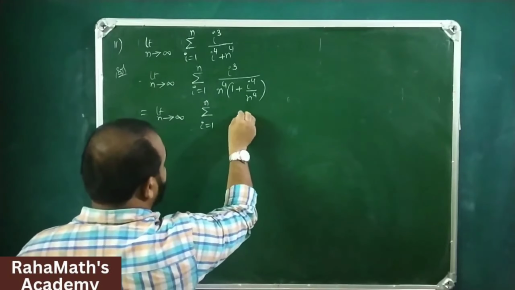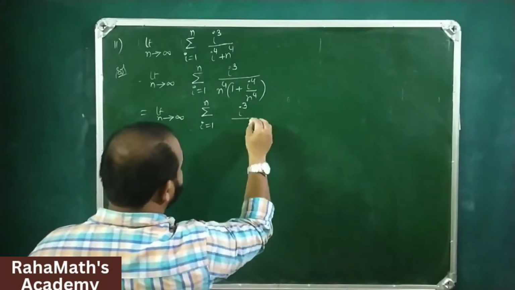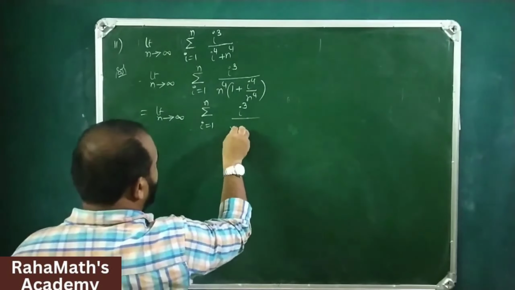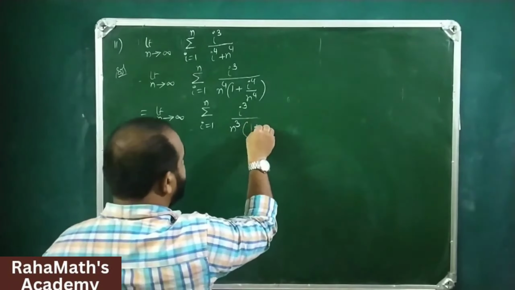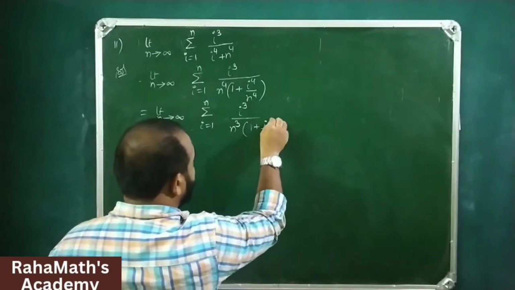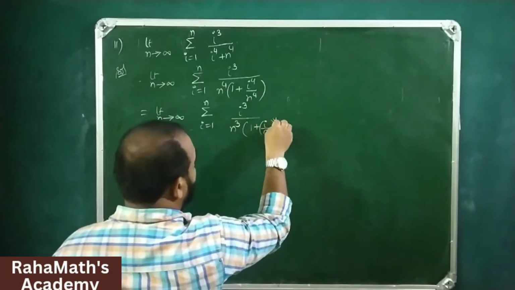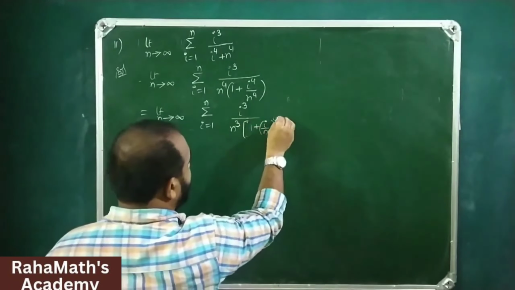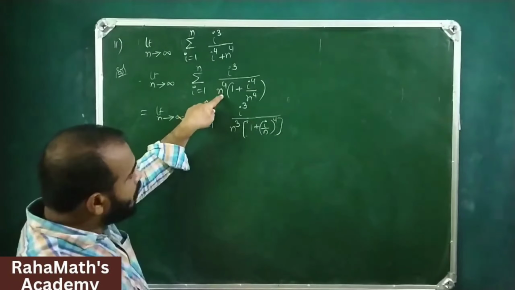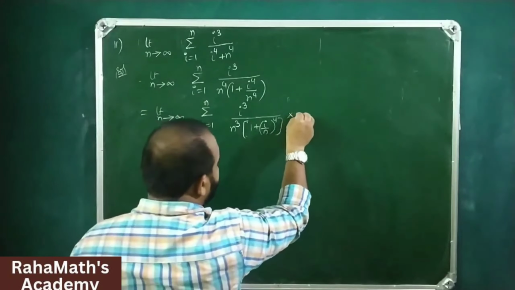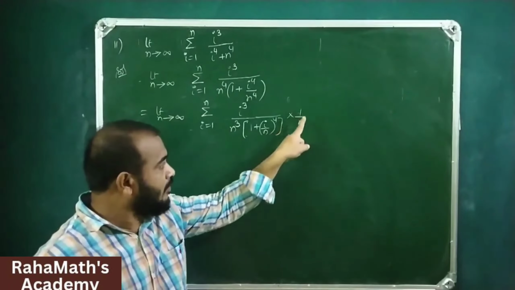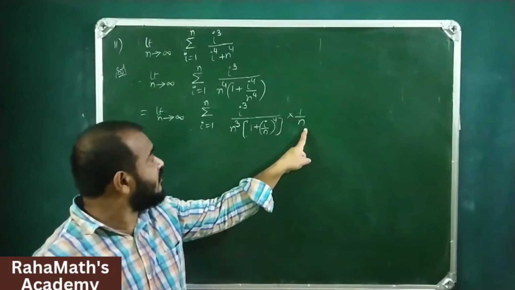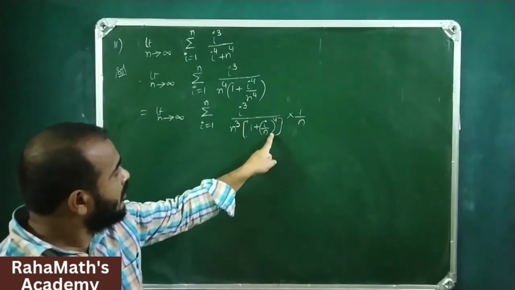Okay, here this is equal to the limit as n tends to infinity, sigma i runs from 1 to n, i cube by n cube into 1 plus i by n whole power 4. Here I have written n cube, and 1 by n I have extra, since n power 4 is n cube into n. So i power 4 by n power 4 is i by n whole power 4.